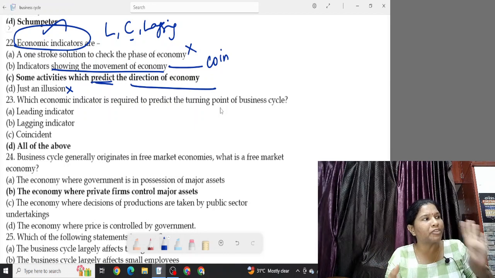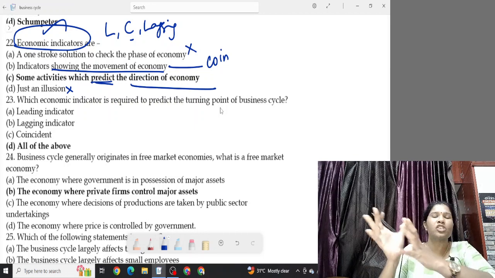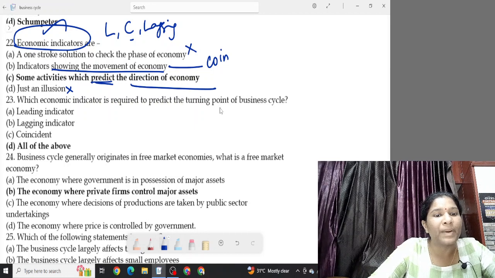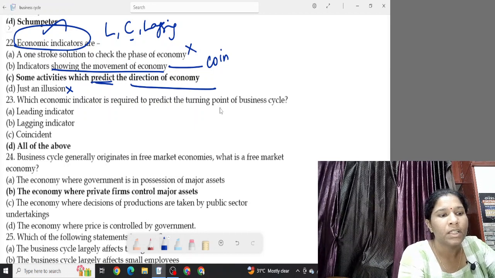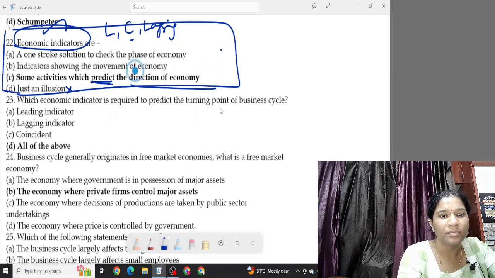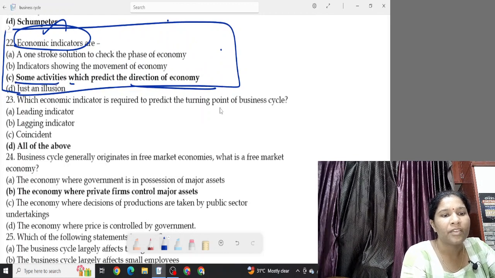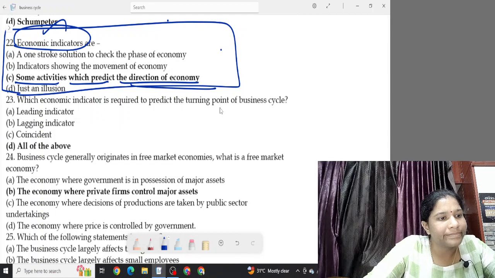A lagging indicator will confirm that something has happened, which means it is going to predict the direction in which the economy is going. So the answer is some activities which predict the direction of the economy. Please remember this, you should not get confused in the examination. Next one.